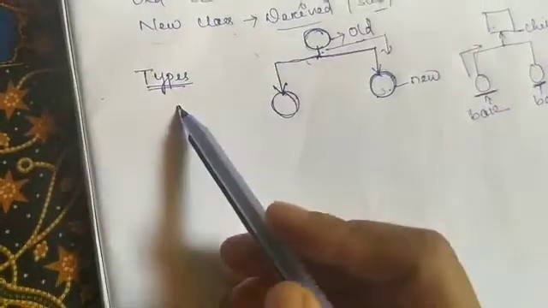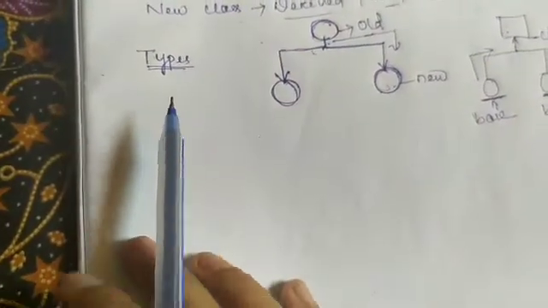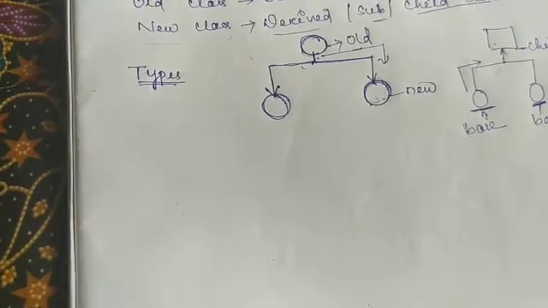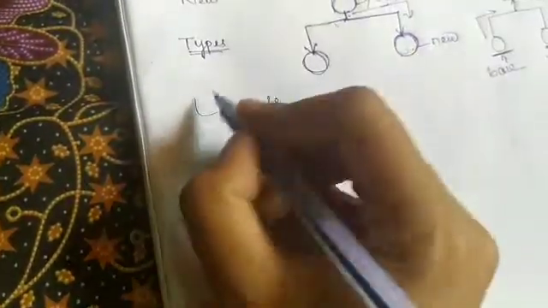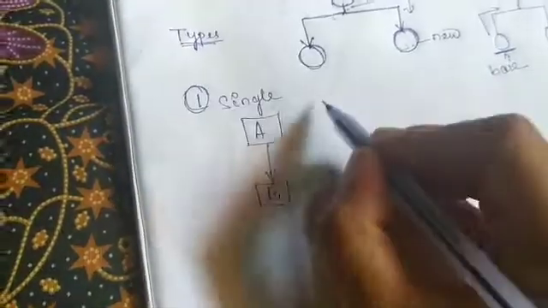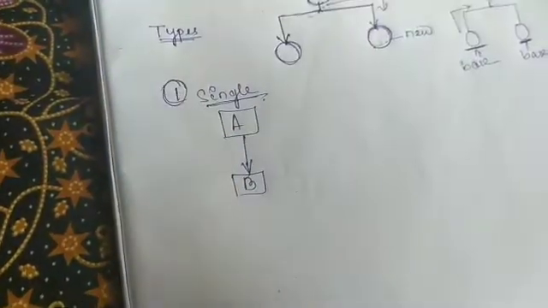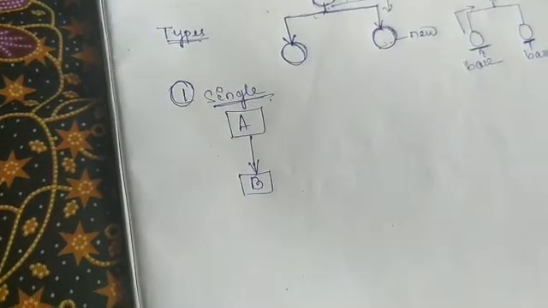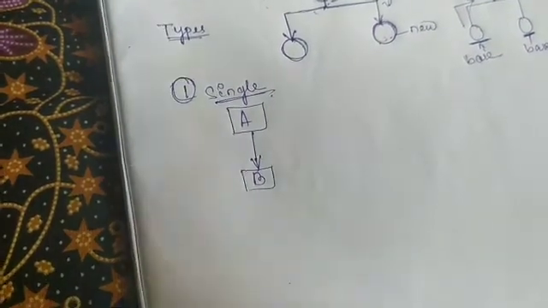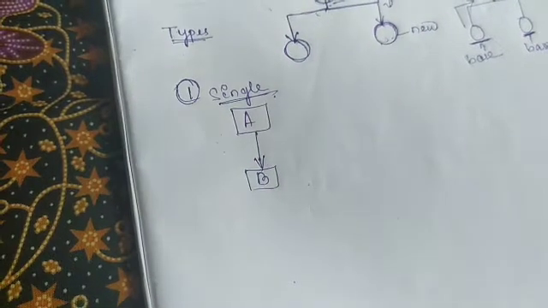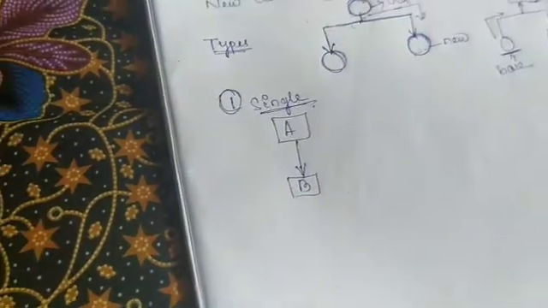So there are different types of inheritance. The first one is single inheritance. Single inheritance means one class can be derived from one class.